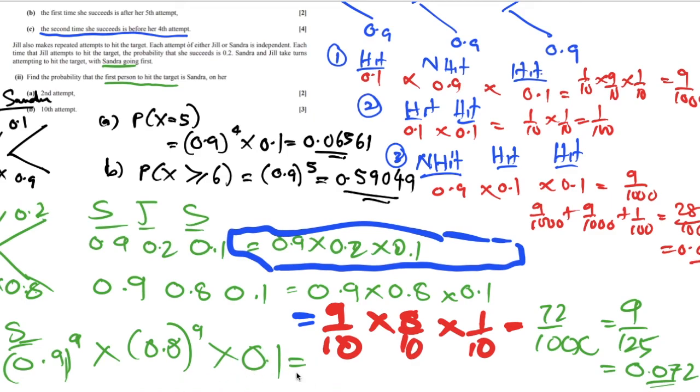When you multiply all this, your answer is 0.00519, or if I write it to 3 significant figures, 0.00520. Okay, hope that's clear.